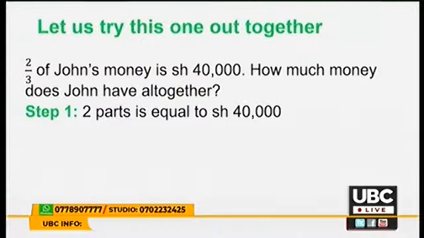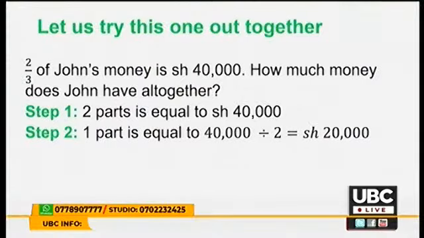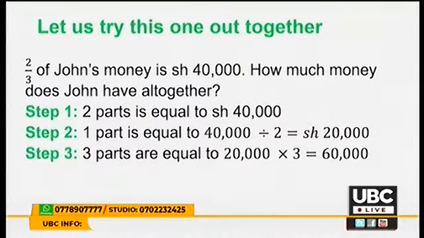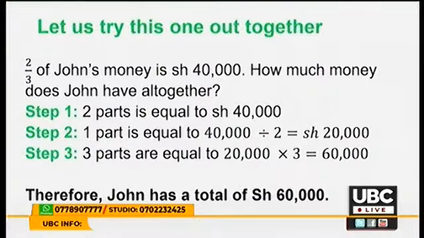How about 1 part? 1 part is equal to 40,000 shillings divided by 2, which is 20,000 shillings. Then step 3 is to get the total of the 3 parts. So 3 parts will equal 20,000 shillings times 3 to finally give us 60,000 shillings. So we conclude and say, therefore John has a total of 60,000 shillings.